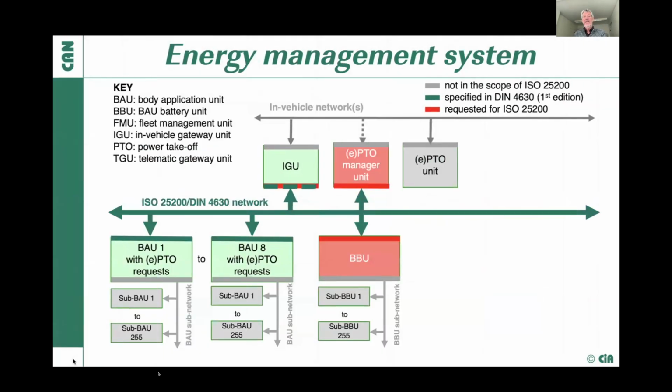We also need something more for energy management, as Rainer has already introduced, but this is not sufficient. We need a so-called managing unit for that. And this is a cascaded approach, where you already have some energy available in the vehicle. If you think about e-trucks or e-vehicles, and then you have a battery for the body application by itself, and you can share the different batteries, but then you need a management unit for the electrification.